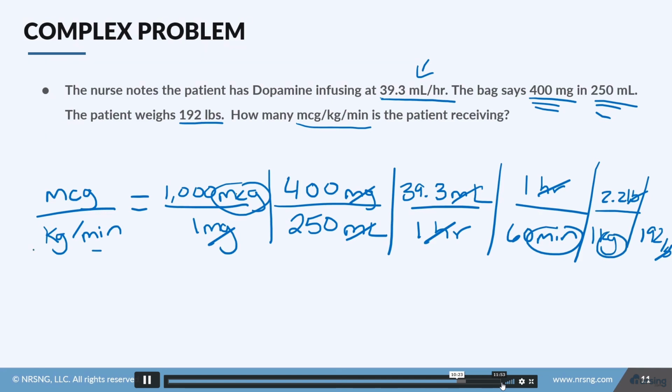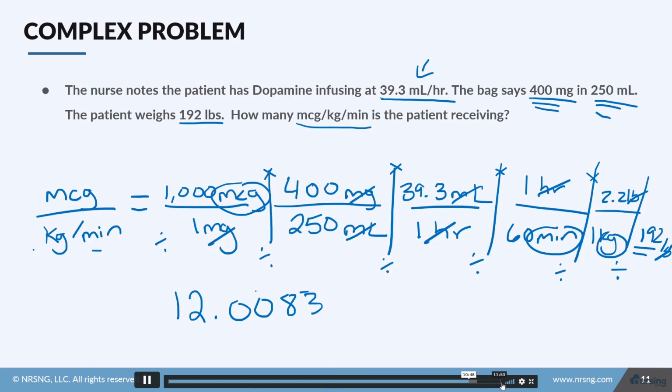When I go to put this in my calculator, I'm going to do 1,000 times 400 times 39.3 times 1 times 2.2, divided by 1, divided by 250, divided by 1, divided by 60, divided by 1, and divided by 192. When you do that, you're going to end up with 12.0083 repeating.